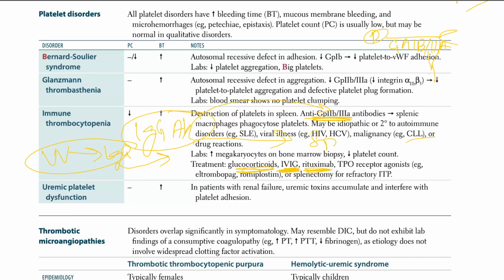You can give rituximab, and you can also give TPO receptor agonist. What is TPO? TPO is thrombopoietin. If you give this, it is going to stimulate the increase in platelet formation.